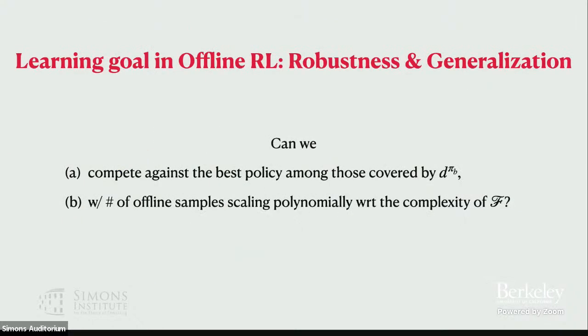In summary, the key questions in offline reinforcement learning are: can we design an algorithm that can find a policy to compete against the best policy among those covered by the offline data? And simultaneously, can we achieve this goal with the number of offline samples scaling polynomially with respect to the statistical complexities of the function class that we picked?